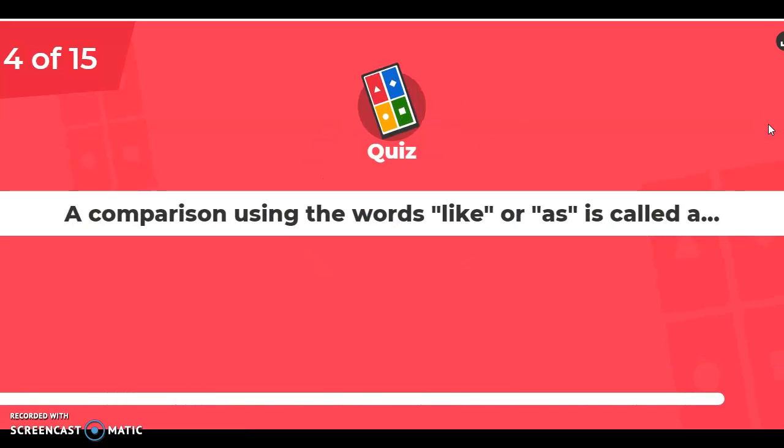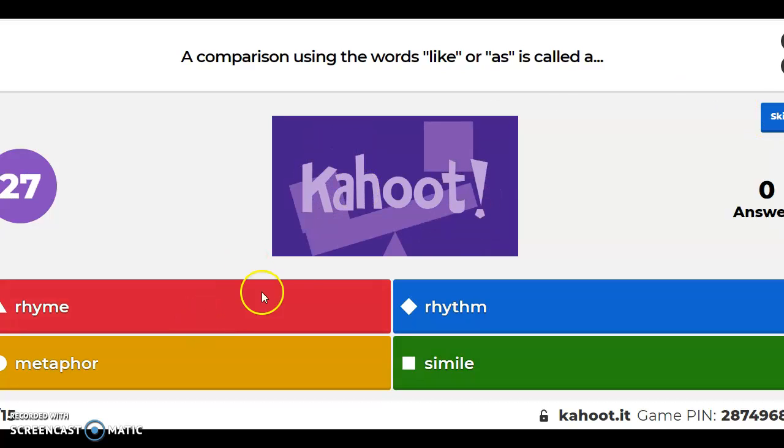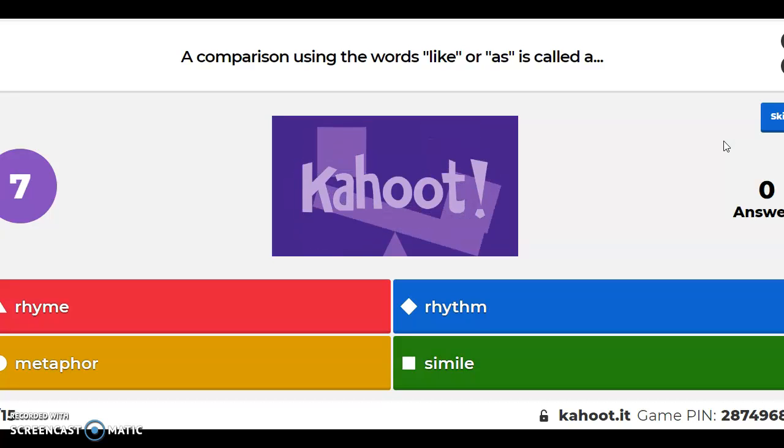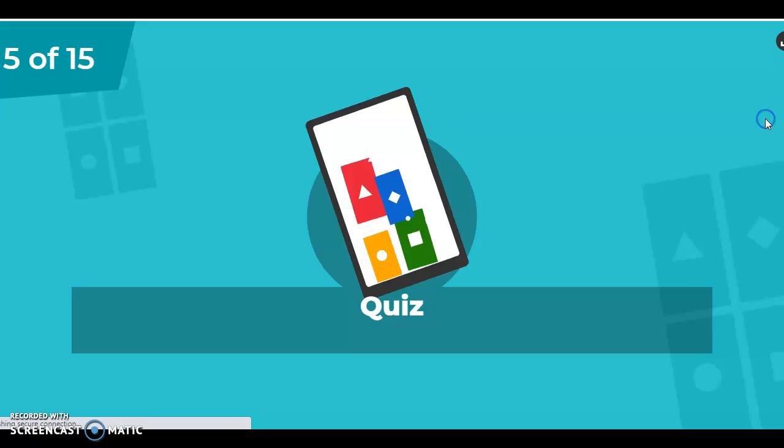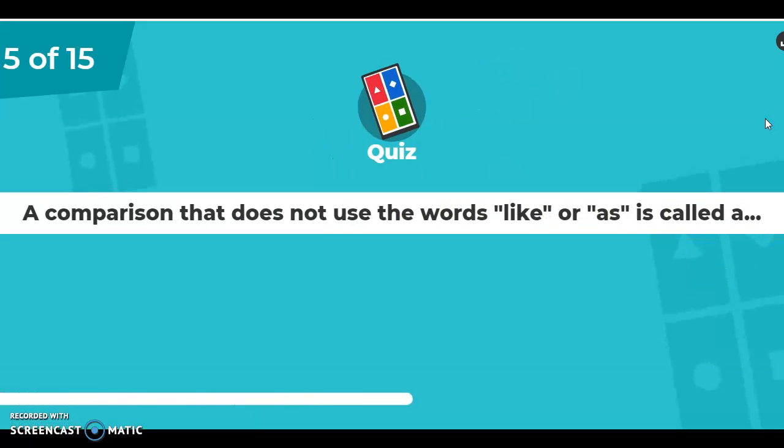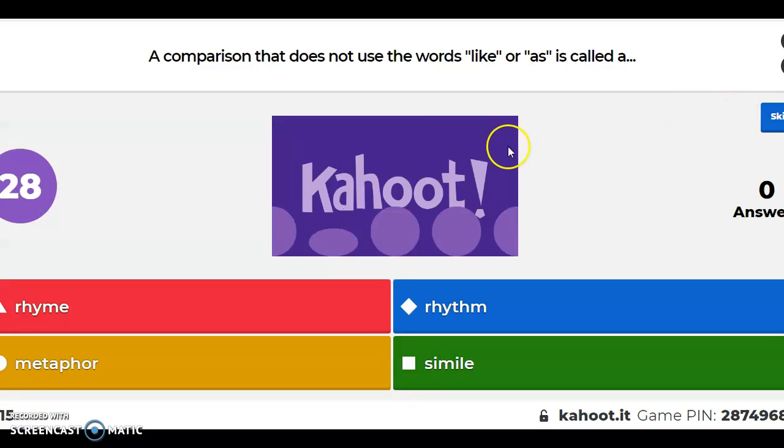A comparison using the words like or as is called a rhyme, rhythm, metaphor, simile. A simile. A comparison that does not use the words like or as is called rhyme, rhythm, metaphor, simile.